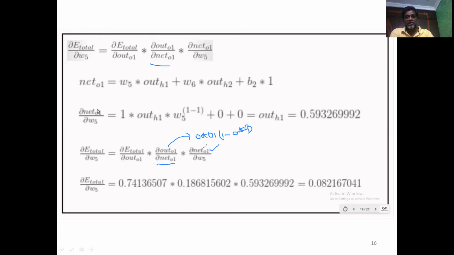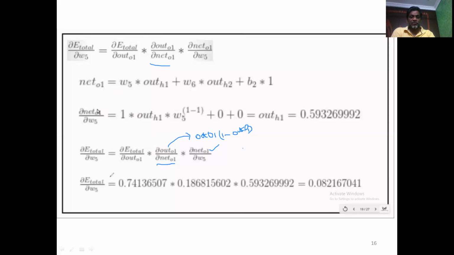So what is the coefficient of W5 in net O1? The coefficient of W5 in net O1 is 0.5, right? So that is what we will make use of.